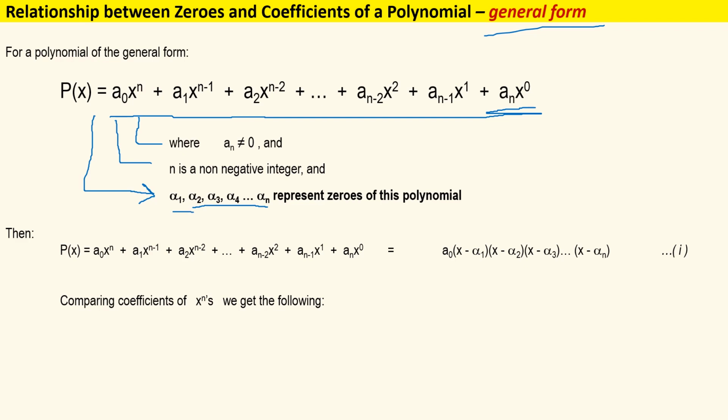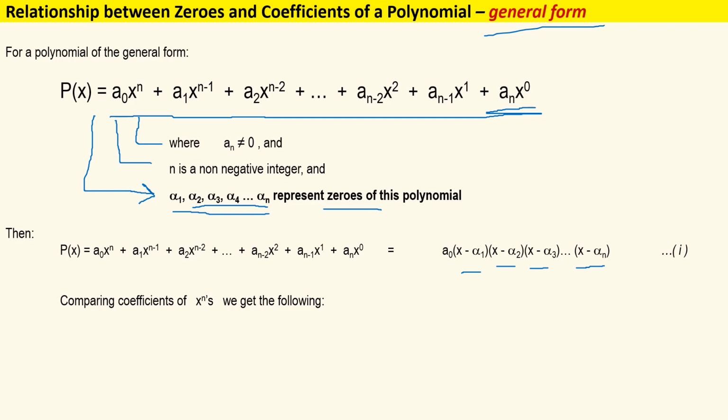Also, if alpha 1, alpha 2 and up to alpha n are the zeros of the polynomial, then x minus alpha 1, x minus alpha 2, x minus alpha 3 and so on up to x minus alpha n will be the factors of the given polynomial. Therefore, we can write the given polynomial as the multiplication of these factors, multiplied by a constant term a0.